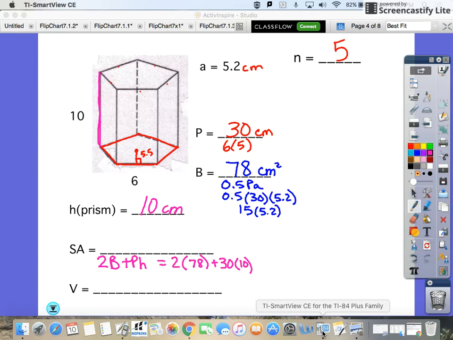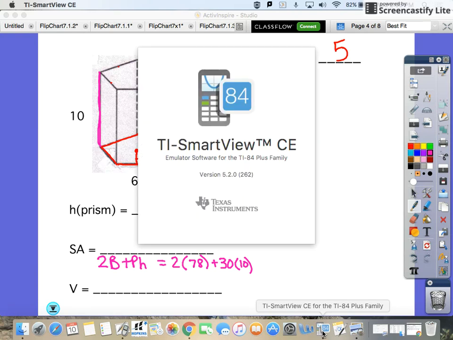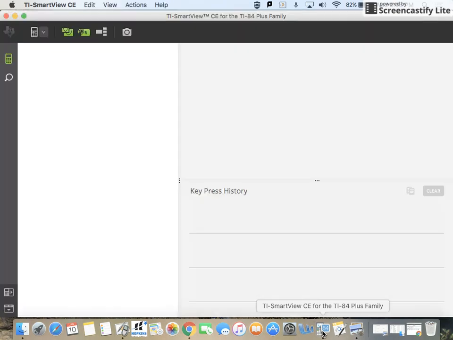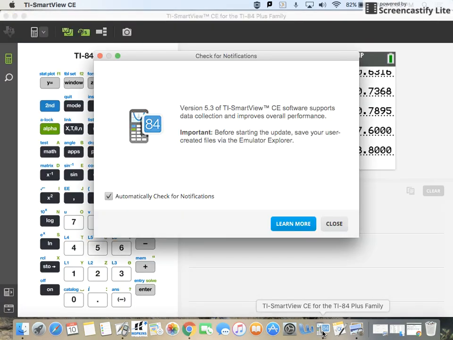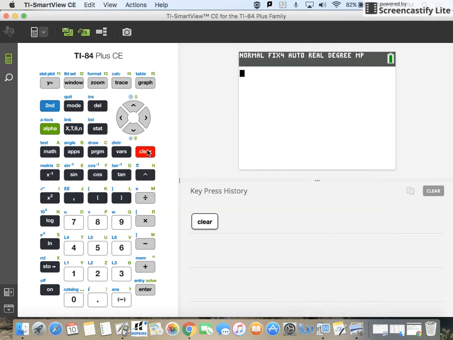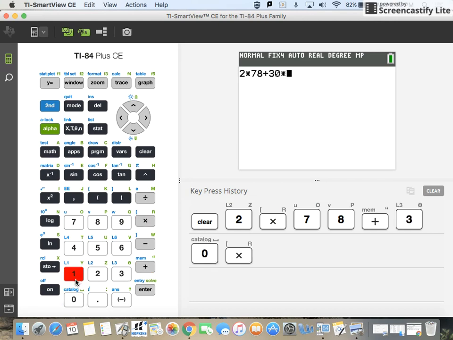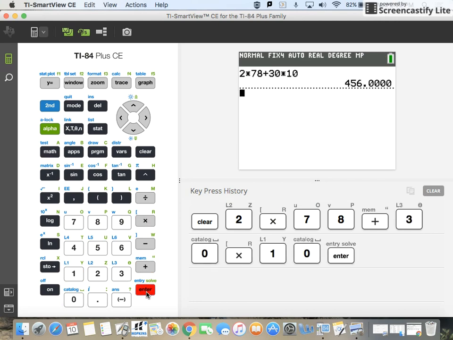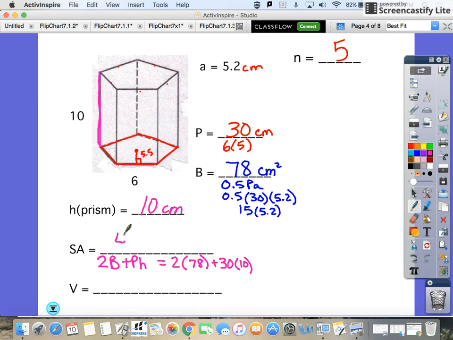Just be patient. 2 times 78 plus 30 times 10 is 456. And that's going to be centimeters squared because it's surface area.